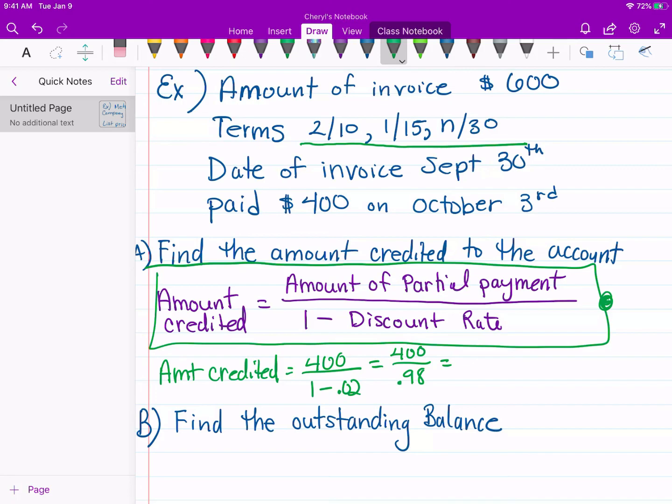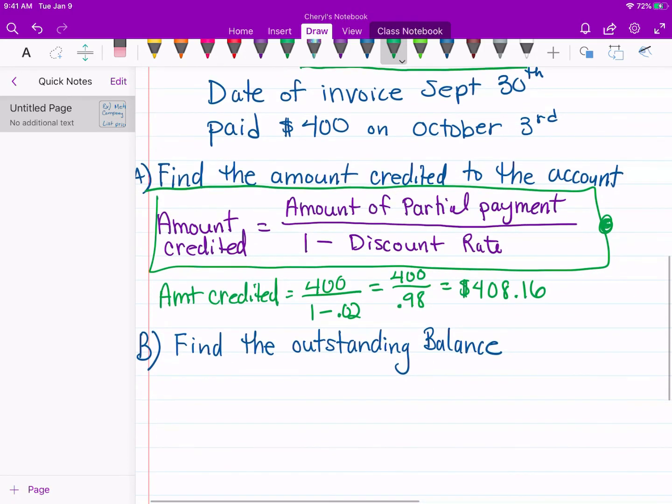When I take 400 divided by 0.98, I get $408.16. What that means is, even though the person paid $400, they get credited for $408.16 because they get that 2% discount.